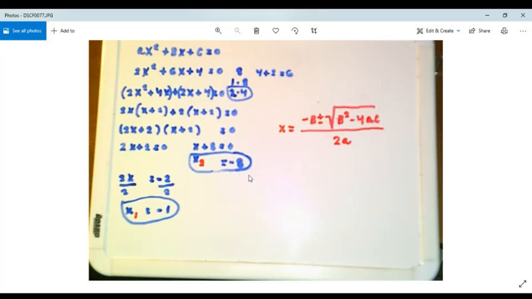Now, what happens is, if you plugged either one of these answers back into the original problem, it would become 0 equals 0, and you would have a perfect equation there. And I'm not going to check it, not on this video, but those are the answers.